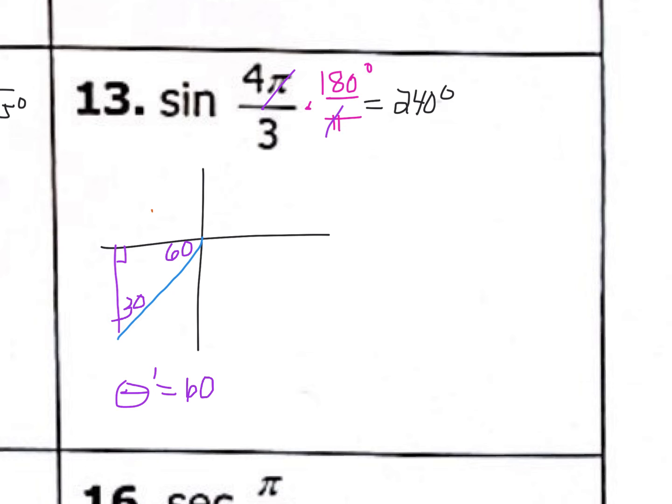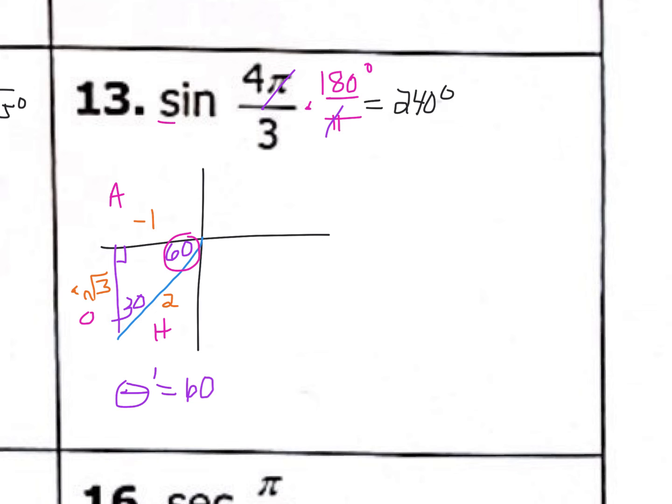So across from 30 is 1, across from 60 is radical 3, and the hypotenuse is 2. In quadrant 3, both the x and the y are negative. That's supposed to be a little negative there. Okay, so then this is my angle of reference, this is my side opposite, this is my adjacent, and my hypotenuse.